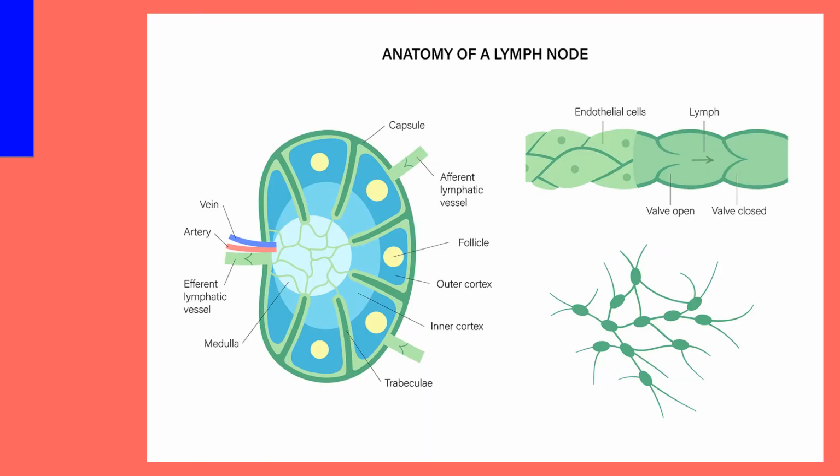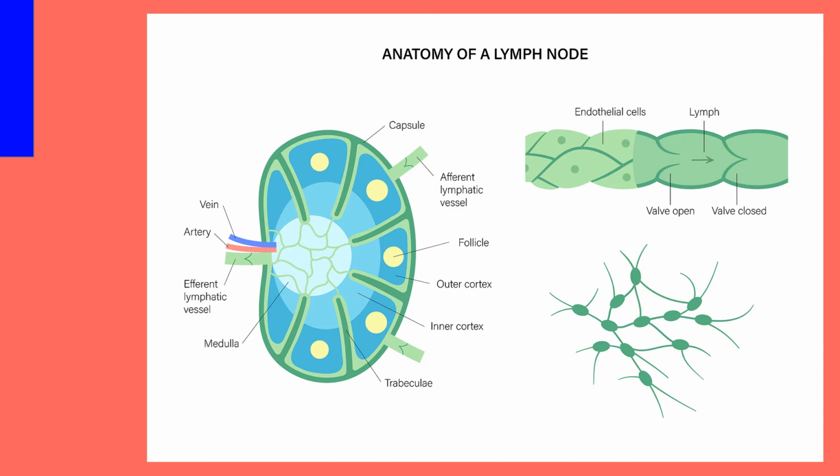Along the path of lymph vessels are lymph nodes. The lymph nodes are where invading microbes and foreign substances can be trapped and dealt with by the immune system's lymphocytes, by B lymphocytes and T lymphocytes.